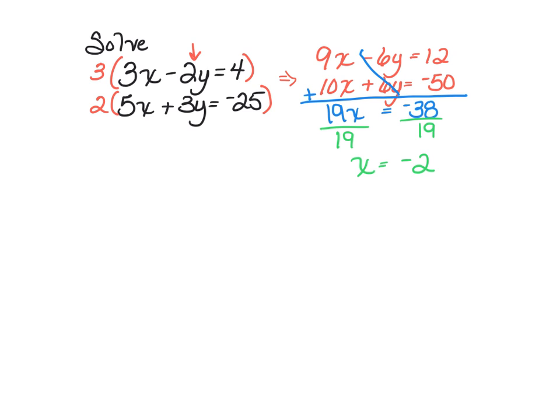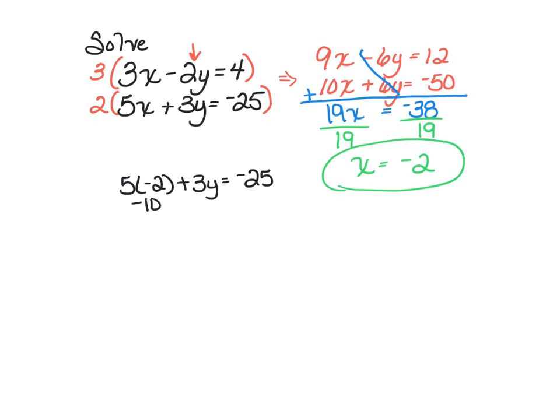And so again, I want to do the same thing that I did in the first example. I want to take this x equals negative 2 and plug it into one of the 2 original equations. And this time, just to be different, I'm going to plug it into the second equation. So I get 5 times negative 2 plus 3y equals negative 25.